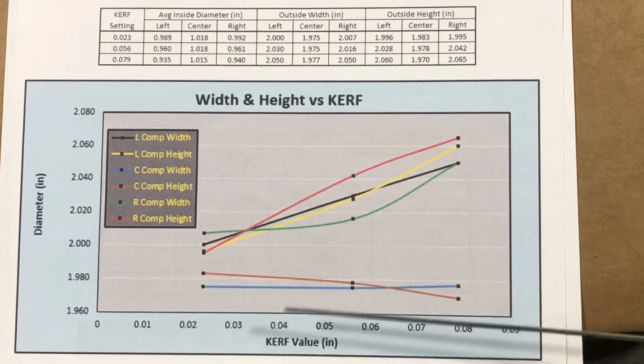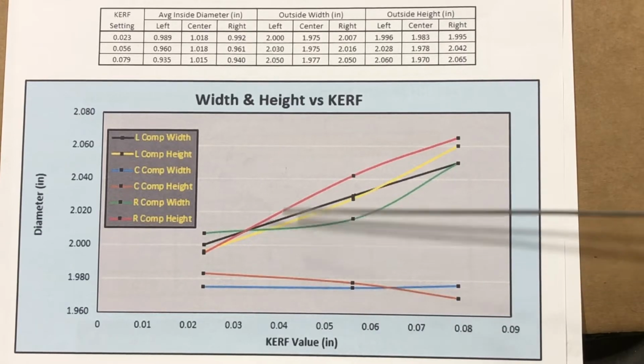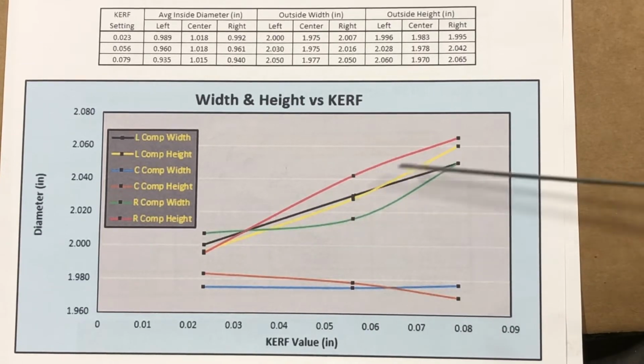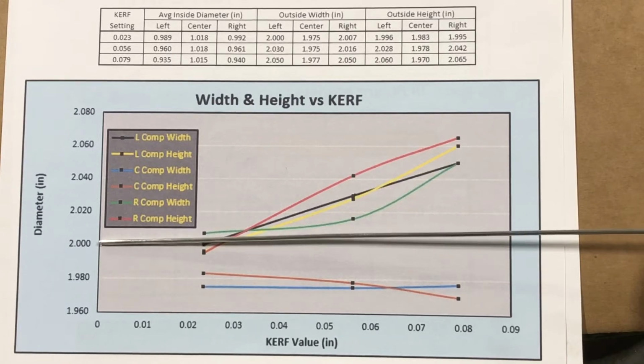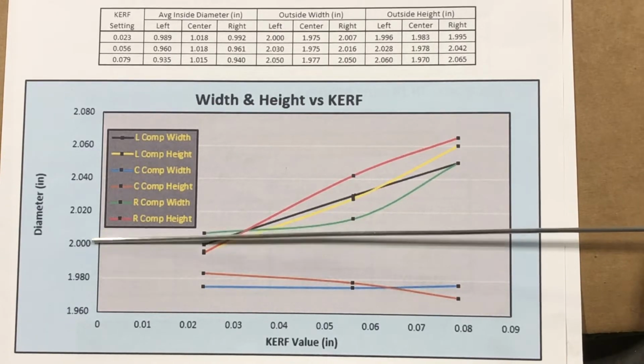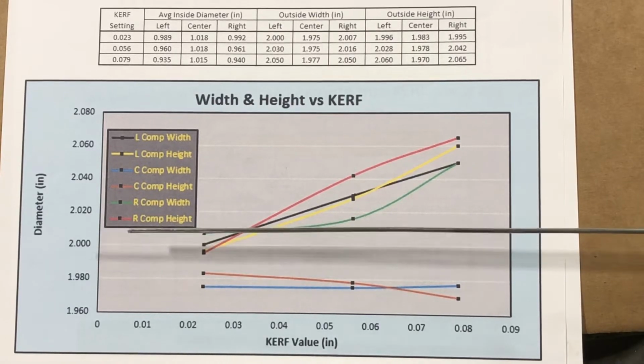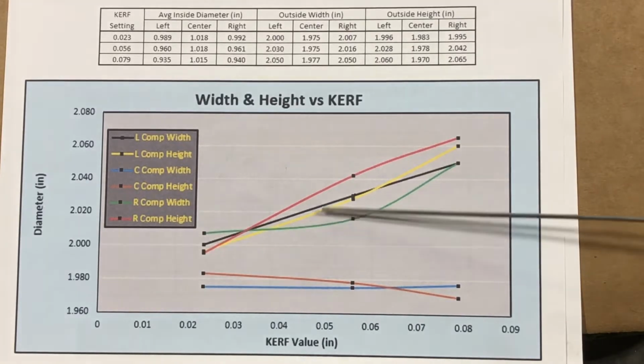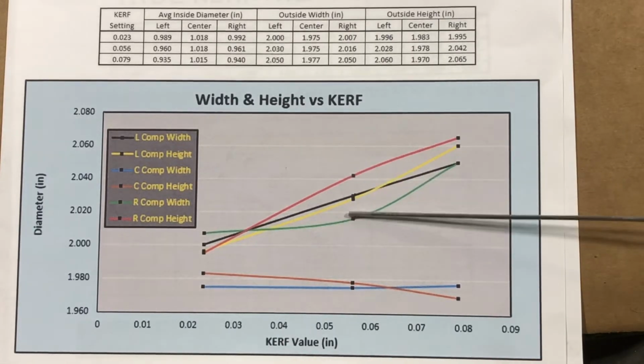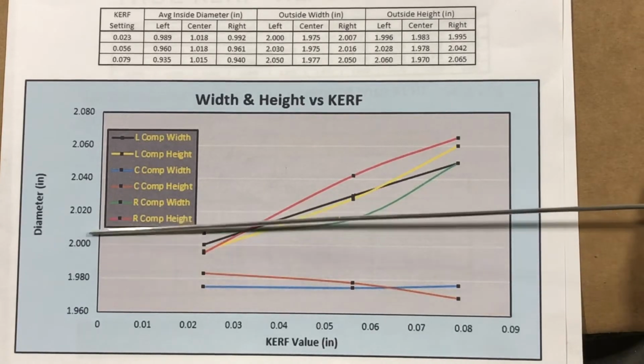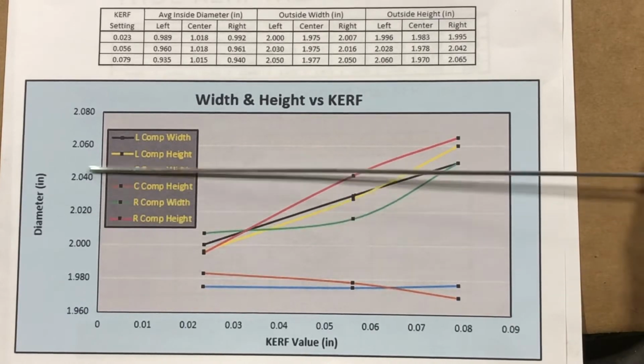All right, so we're back to trying to see where we should be in order to achieve the desired 2-inch diameter or 2-inch measurement, 2 inches on a side. And you can see no matter where we are on left or right, we're still outside of that 2.